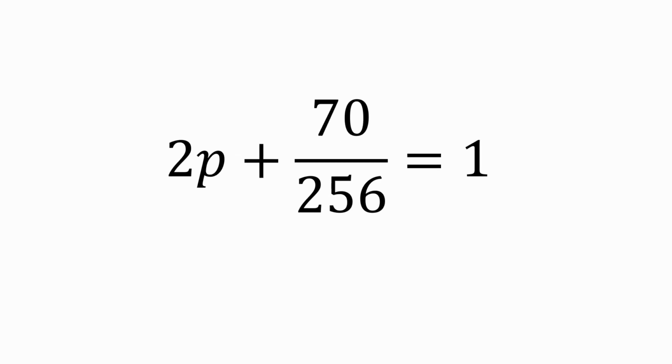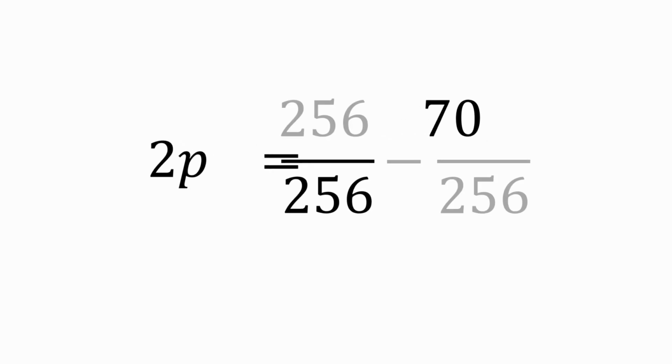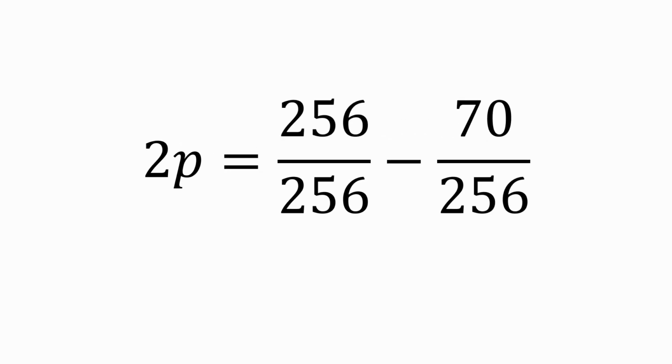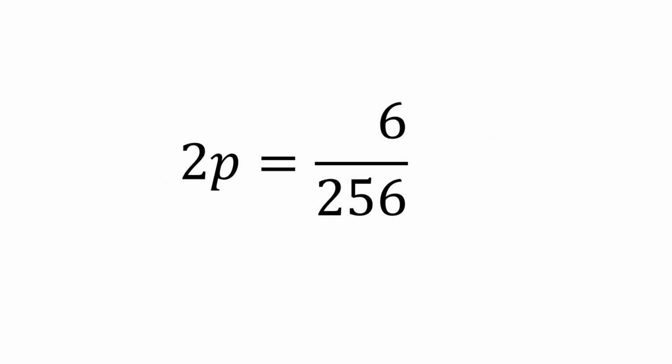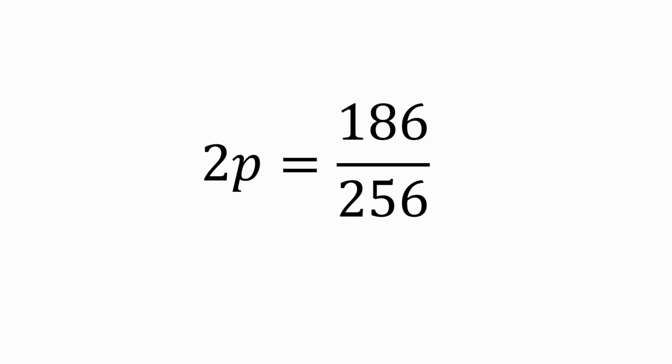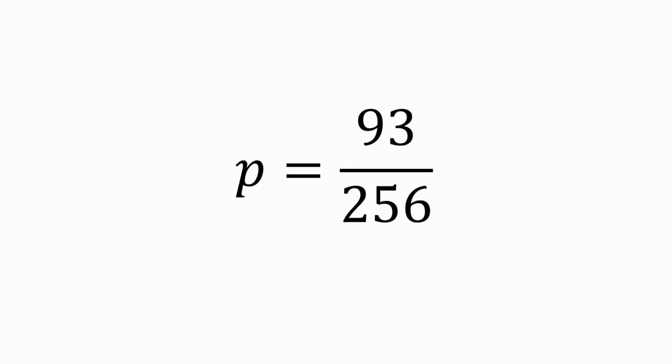I'll write 1 as 256 over 256 and subtract 70 over 256 from both sides. 256 minus 70 is 186, and dividing both sides by 2, we get p equals 93 over 256.